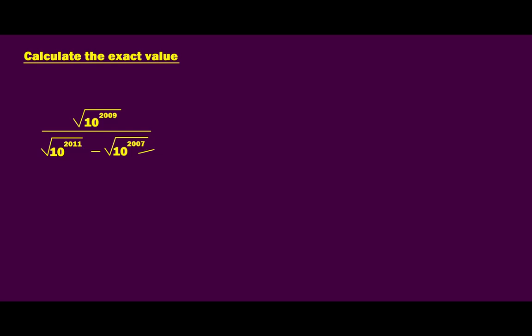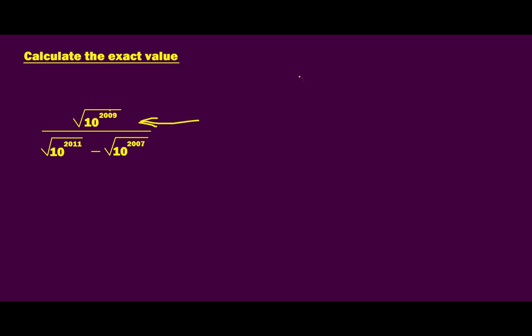So from here we're going to try and find the value that we're going to be left with when we take out this common factor among these terms. The first step we're going to do is 2009. We're going to work with this numerator, right?